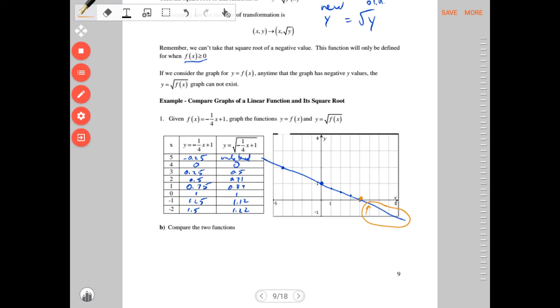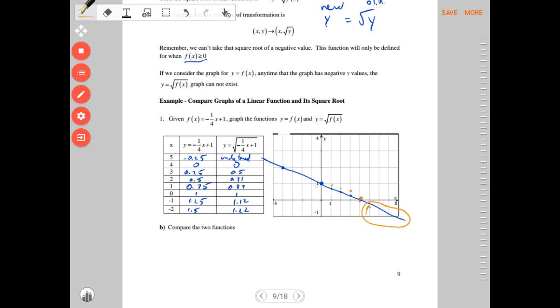Now, when x was 3, it was 0.5, so 0.5 is about there. When x is 2, we are at 0.71, so that's about here. Then we are at 0.87, which is about there.